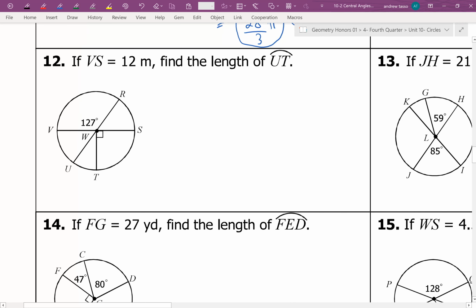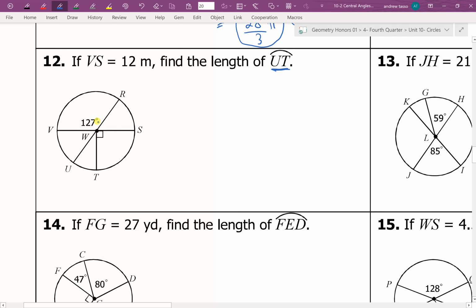Okay, let's try one more of these. We have VS equals 12, so that's going all the way across here. Find the length of arc UT. Arc UT is this one. First of all, we should figure out how many degrees it has.